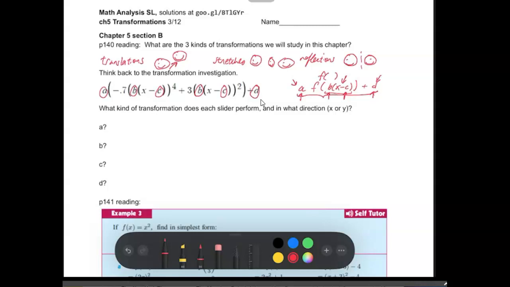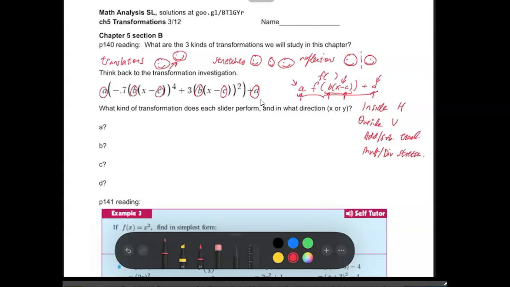B is multiplying and it's on the inside, so that means it's doing the horizontal compression and stretching. And the C is doing the horizontal translation, right? So inside is horizontal, outside is vertical, and addition subtraction is translation, and multiplication division is stretching, compressing.